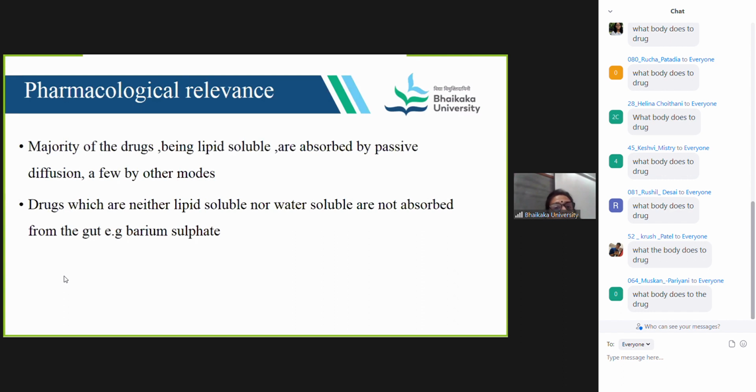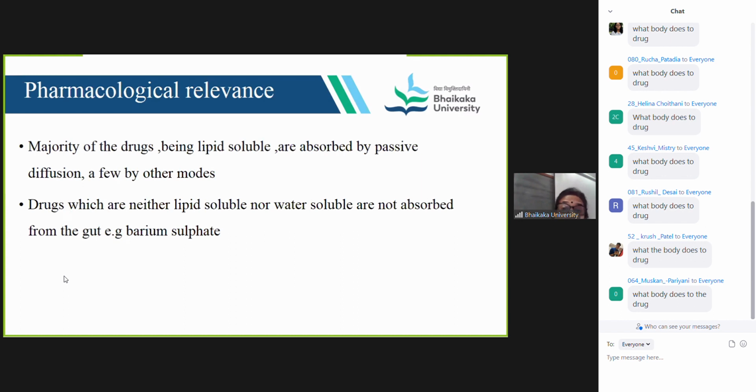The pharmacological relevance is that the majority of drugs are lipid soluble, so they are absorbed by passive diffusion, or sometimes a few other modes. But the primary mechanism for all lipid soluble drugs is passive diffusion.